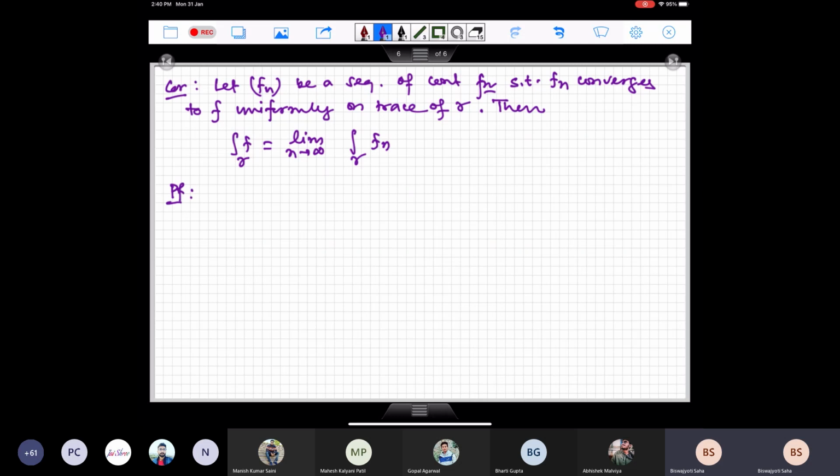The proof is not going to be very difficult. The proof is easy. So let epsilon greater than 0 be given.